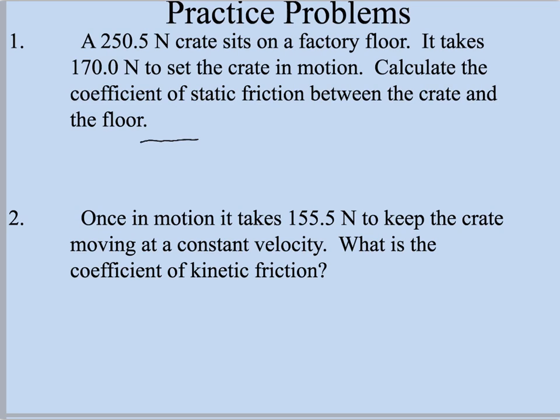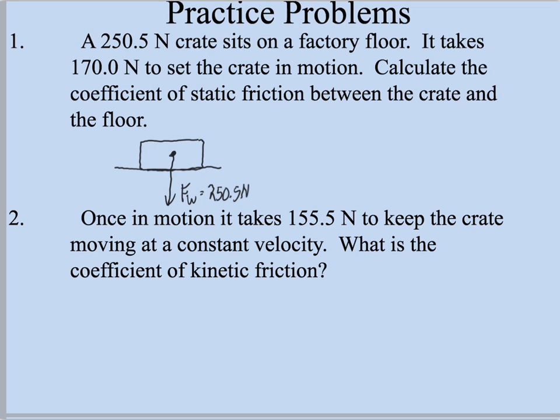I have a crate sitting on the surface of a factory floor. And I'm going to draw my weight vector, remember, straight down. We always draw it straight down. And that equals 250 newtons.